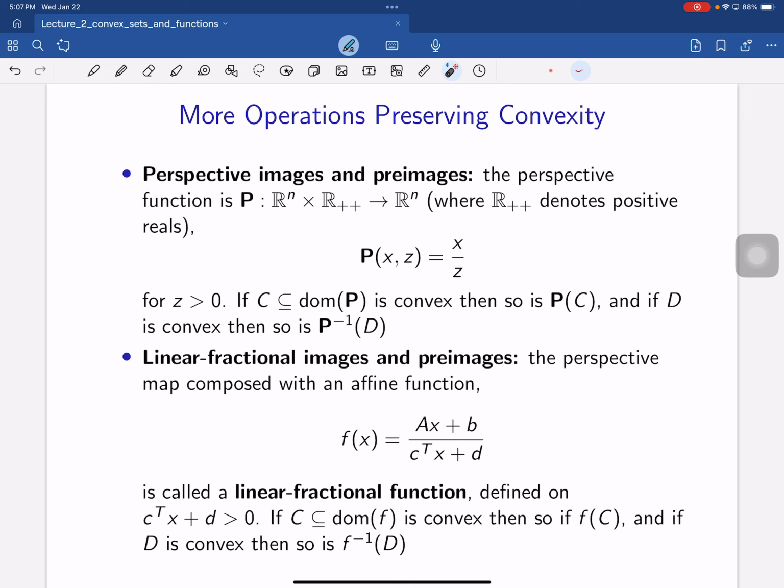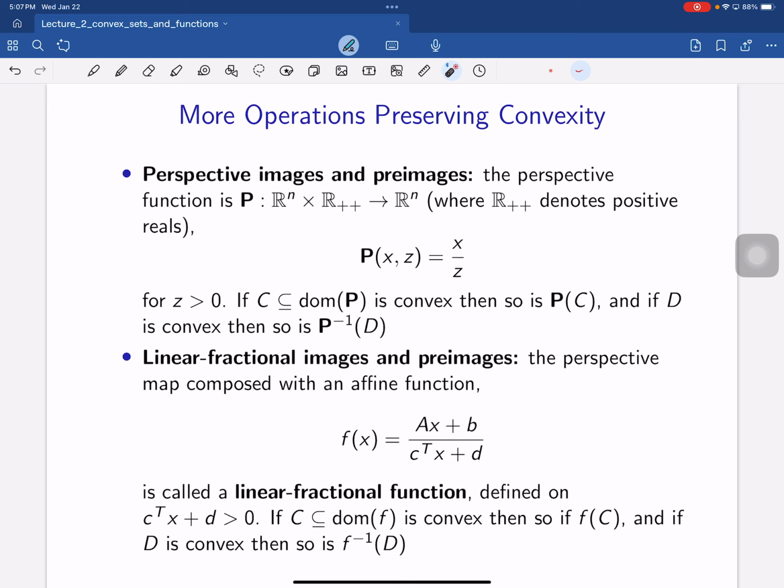The idea is you have an n plus 1 dimensional set, okay? So the set lives in n plus 1 dimensional space. You can divide it into R^n and positive R, which we denote as R plus plus. If you take the ratio of the first n-dimensional vector by z, that preserves convexity.